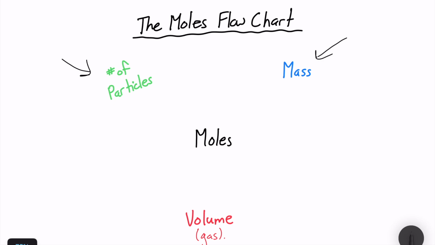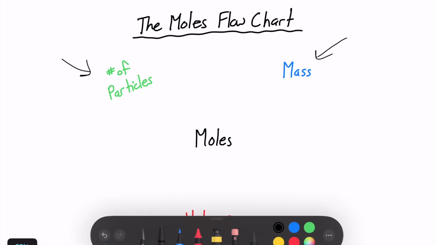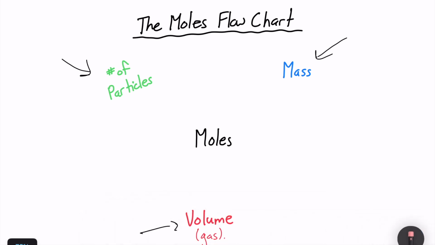We can find the mass of that substance with its molar mass. And we can also find the volume if it's a gas using 22.4 liters per mole as a conversion factor. Okay, so let's get into this a little bit more.